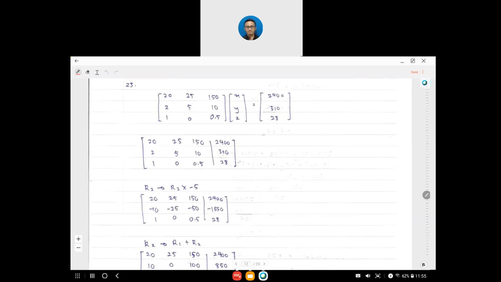Each item of product Y requires 25 units of steel, 5 units of plastic, and no unit of glass. Each item of product Z requires 150 units of steel, 10 units of plastic, and 0.5 unit of glass. The available amount of steel, plastic, and glass are 2,400, 310, and 28 respectively.